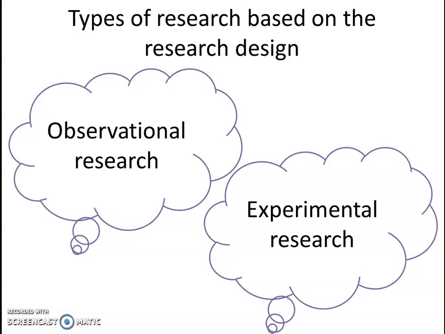So as a researcher, you have introduced an intervention by which you expect something to change because you think that might be an anti-plaque agent. So that's experimental research, where you are planning some change in the outcome and you are actively involved in that process.